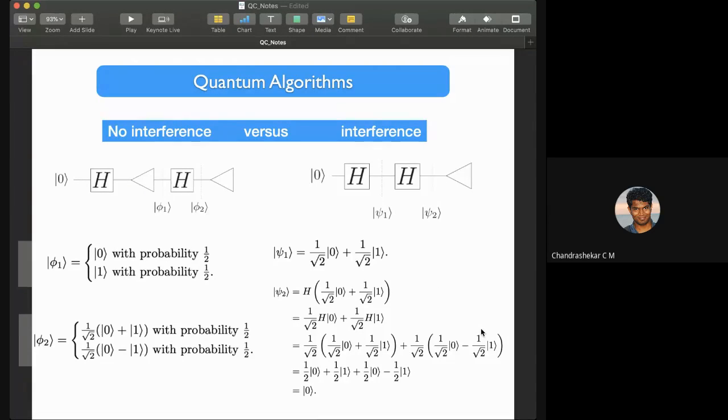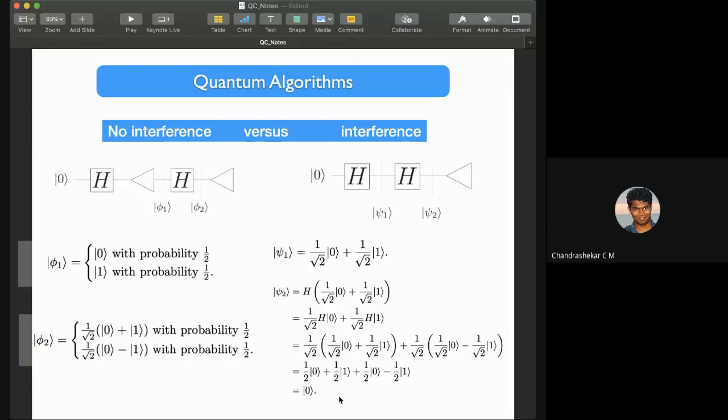In fact, we did this before. We did this Hadamard operation, and again a Hadamard operation, and you're going to get back the same state, which means it looks like it's not undergoing any change. It has actually undergone change. Some changes happened, but the destructive interference is giving you back the same state which you started with, state 0.